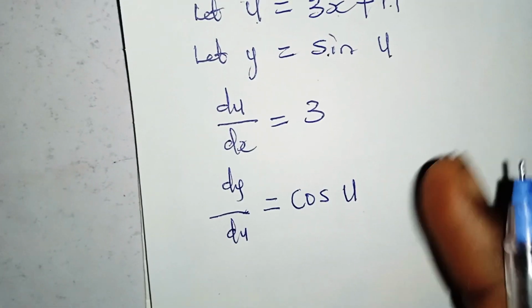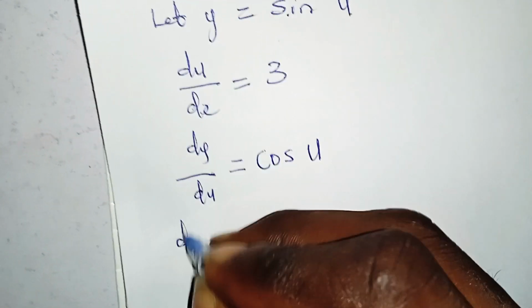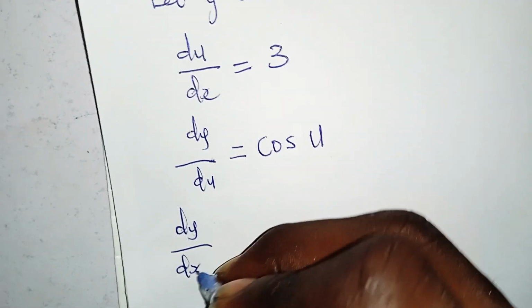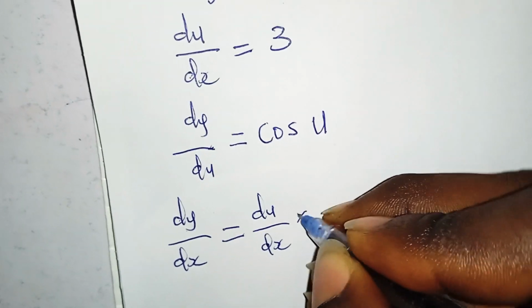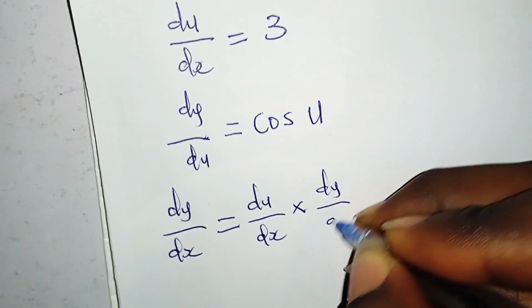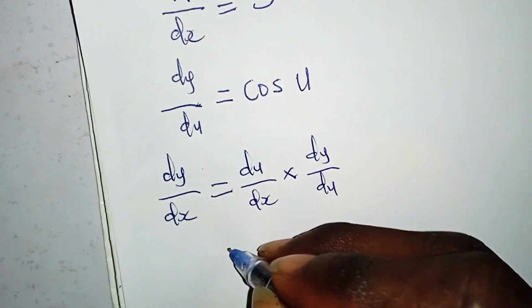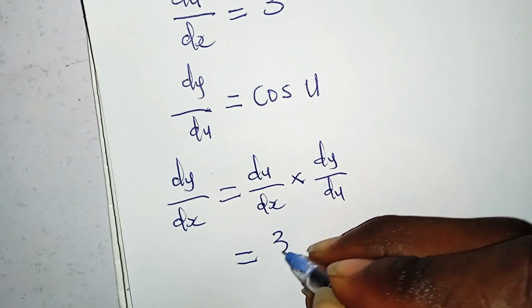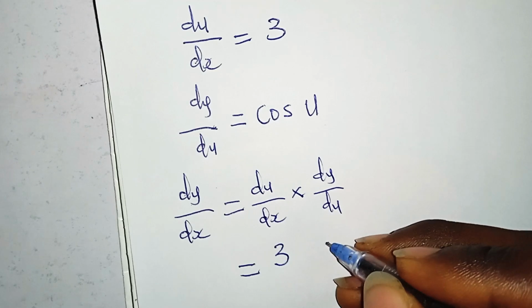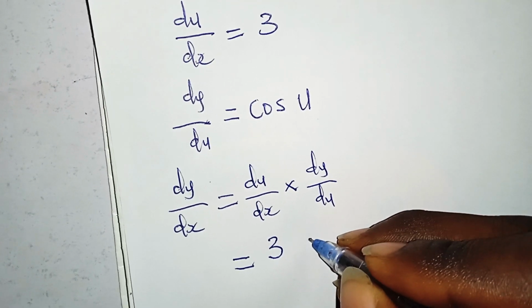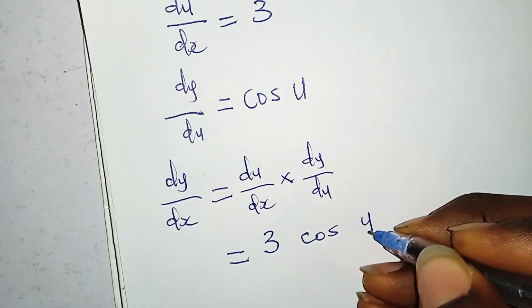So dy over dx, we know, is the same thing as du over dx times dy over du. So solving this out, you now have that du over dx is 3, dy over du is cos u.